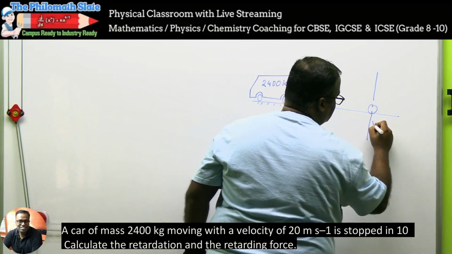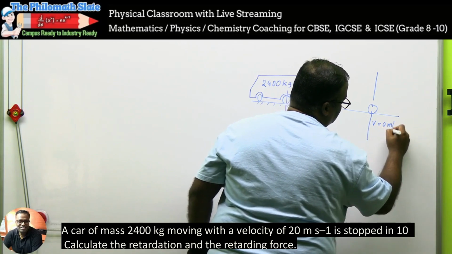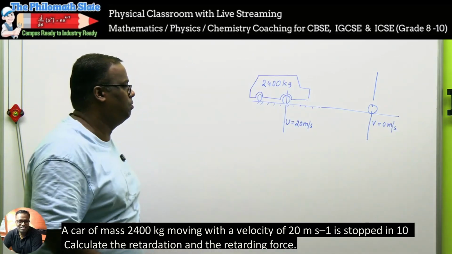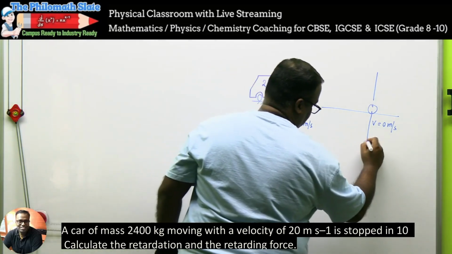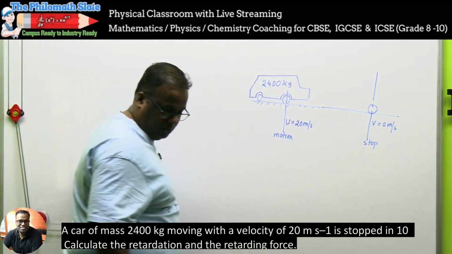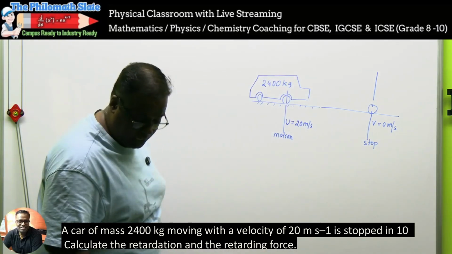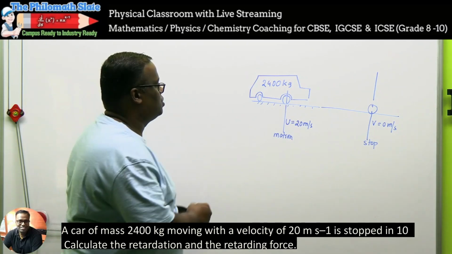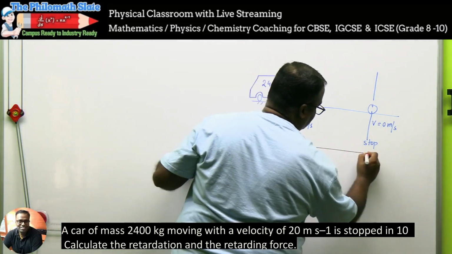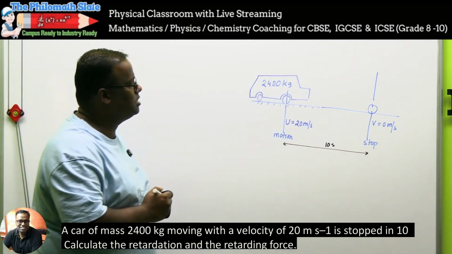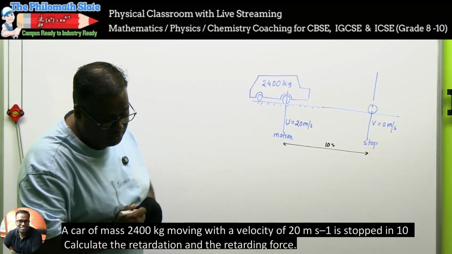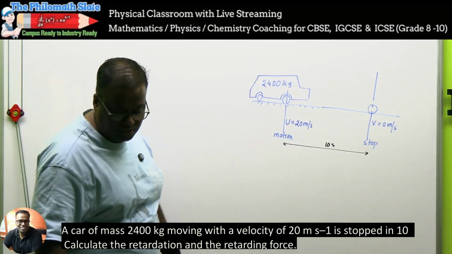Now the front wheel's velocity has become 0 meters per second. It has been brought to stop because here the car was in motion, and here the car has come to a stop. The time taken from here to here is 10 seconds. In 10 seconds, the car has been brought to a stop by applying brakes. Calculate retardation and retarding force.